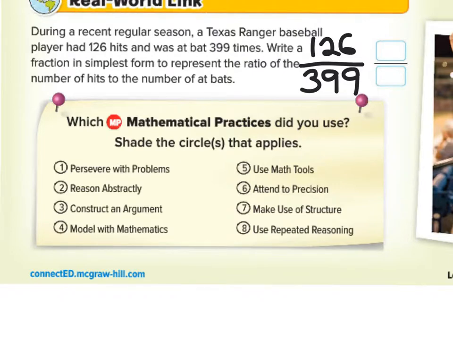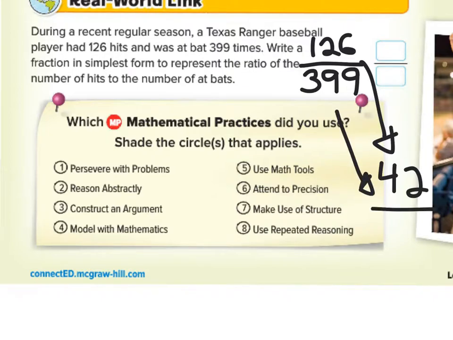I'm going to make my way around to my final answer, but when I divide 126 divided by 3, I get 42. And when I divide 399 divided by 3, I get 133, right? We can check again. Now, this number over here is divisible by 2 and by 3, right? Because it's an even number, so we know it's divisible by 2.